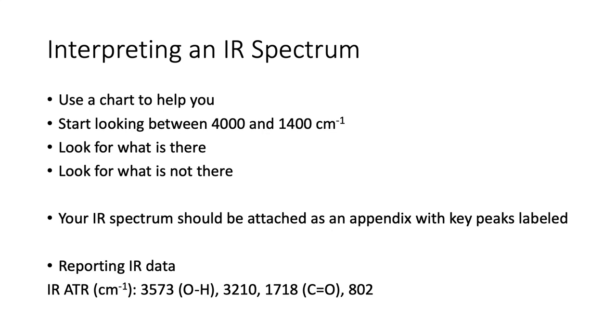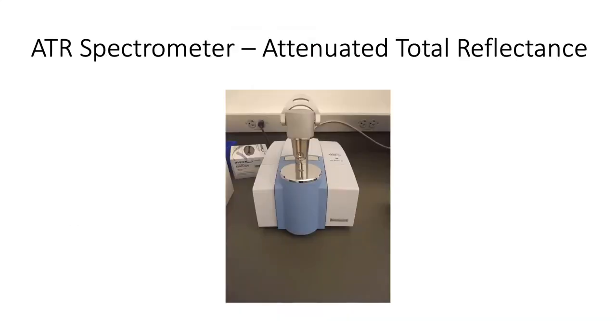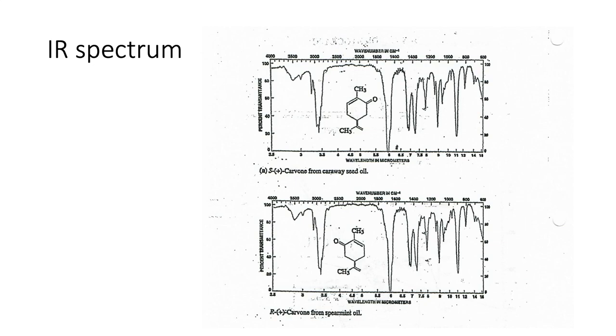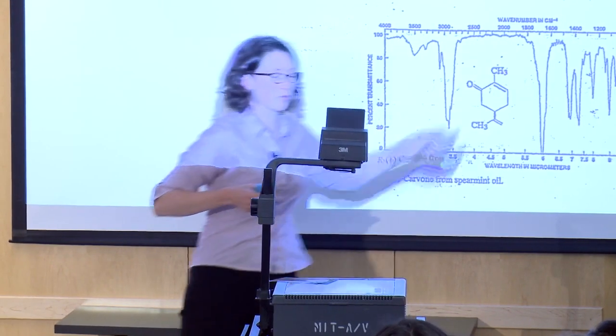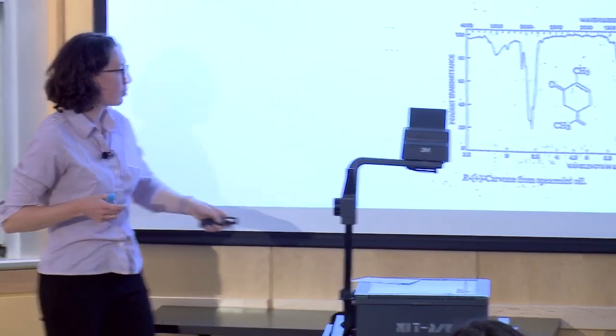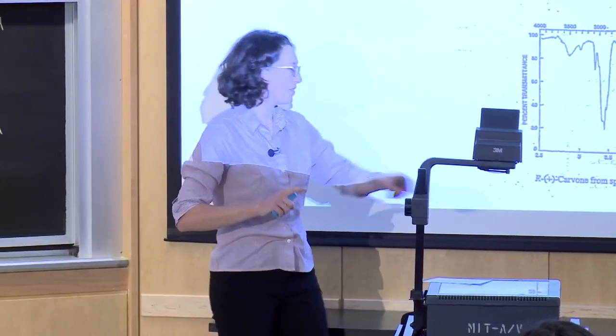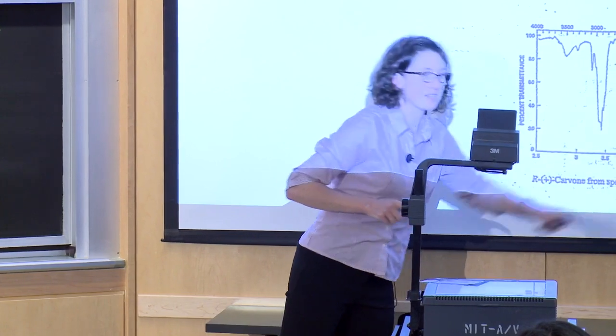If you have a peak that is really broad, you only have to report, and you'll see that most of the peaks in an IR spectrum are not super sharp. So like this carbonyl peak, if you look at the base, it ranges through a good number of wave numbers. But when you report it, you only report the wave numbers of the highest intensity.